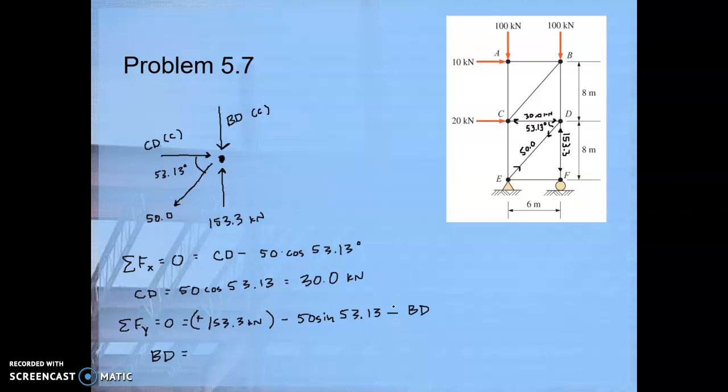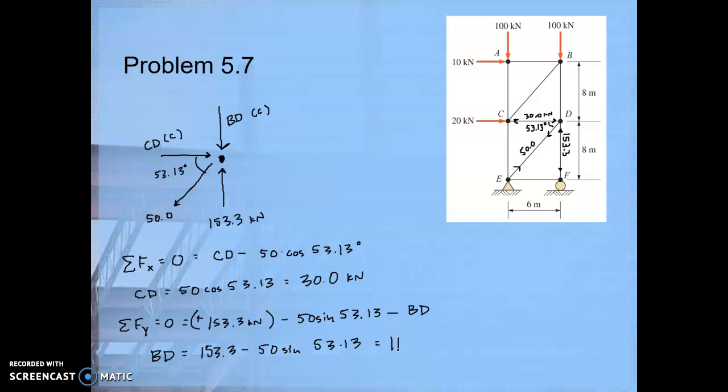In this equation, BD is currently a negative term, so to solve for it, all I really need to do is add it to both sides of the equation. So if I add BD over here, it becomes positive BD, and then this will be positive 153.3 minus 50 sine of 53.13. So the algebra can be a bit tedious, but you have to make sure you don't make any careless mistakes. Hang in there.